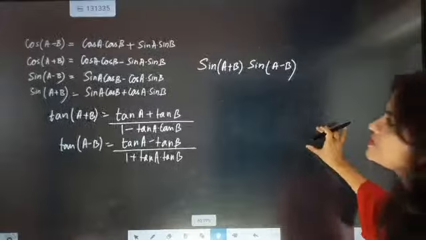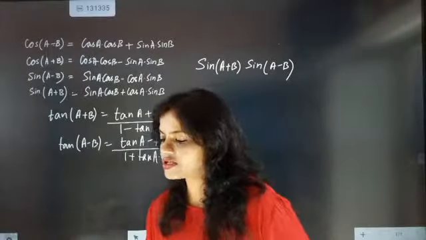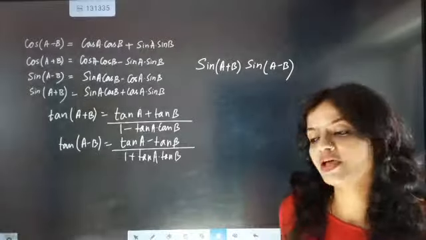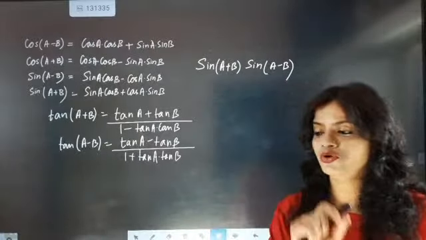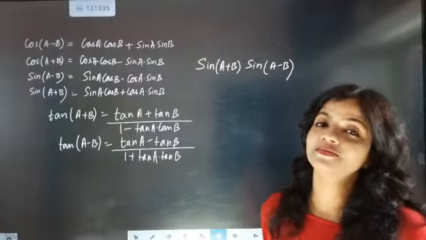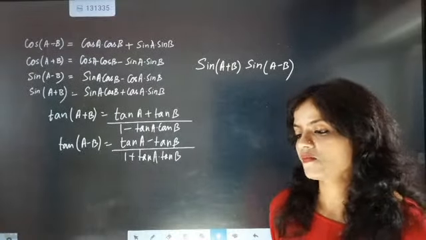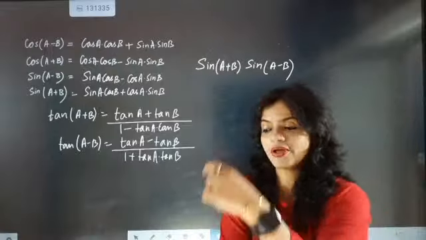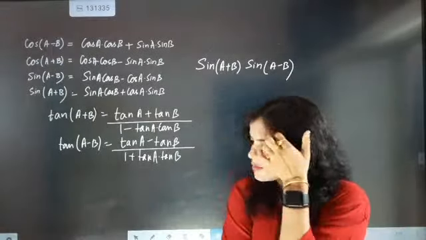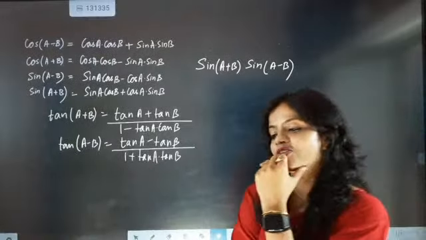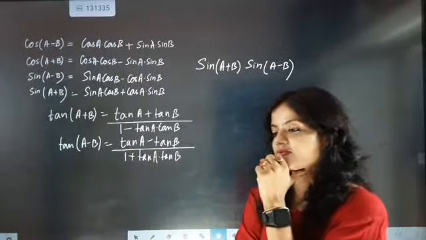If you have a pen in your hand, you will write both formulas, multiply and write. So is there any shortcut technique for writing it?